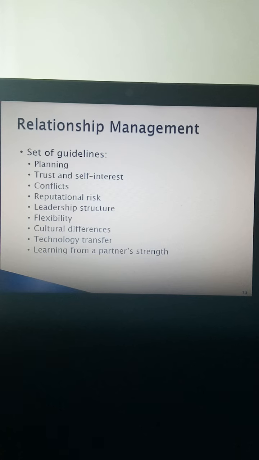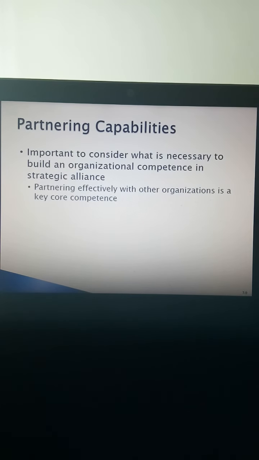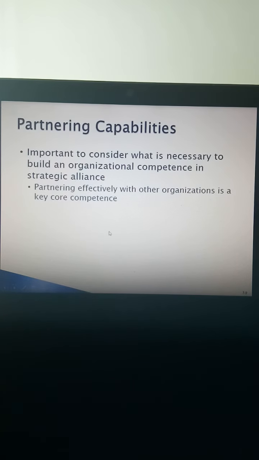Alright, let's move to next slides, which is partnering capabilities. We know that firms and organizations must make sure that the alliances and partnership strategies that are established should be successful and dedicated strategic alliance partnerships in the company.